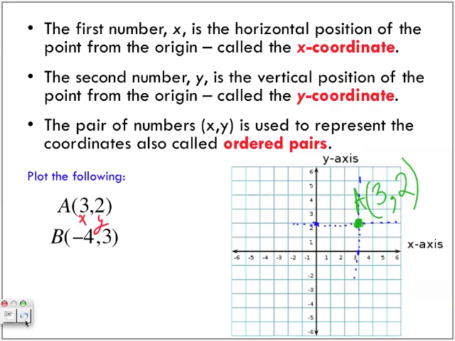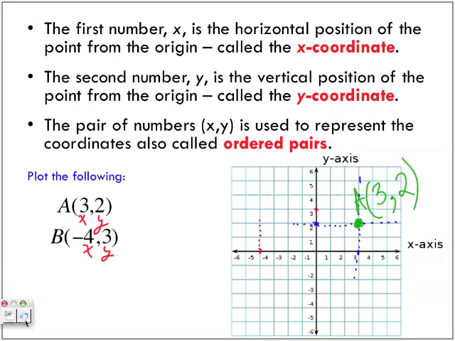Let's look at another point here. Same thing here: -4 and 3. Here's our x, here's our y. So we find -4. So 1, 2, 3, 4. And so there's our -4. Then our +3, which is right here.